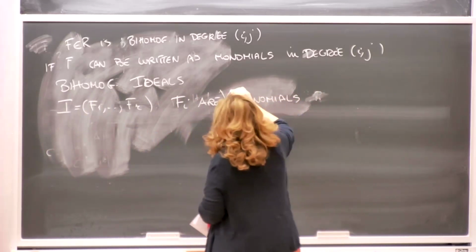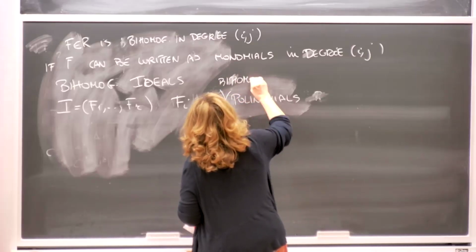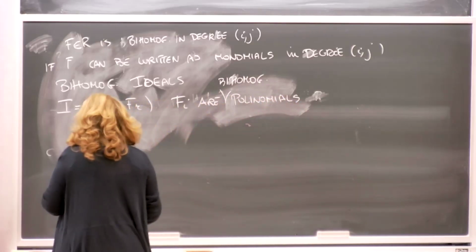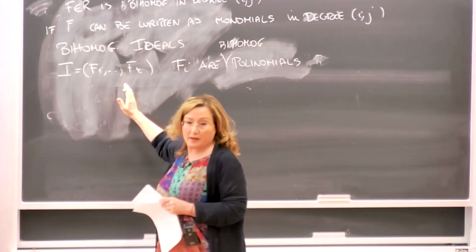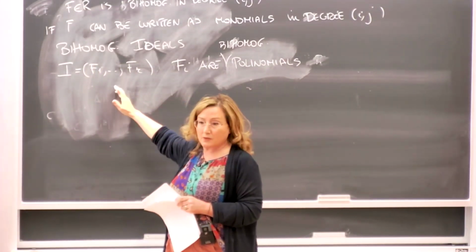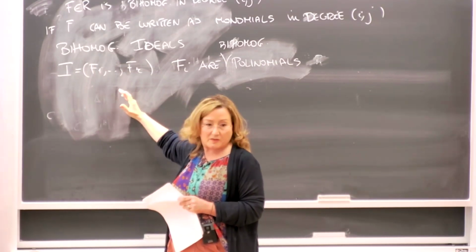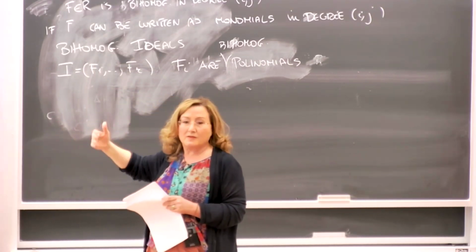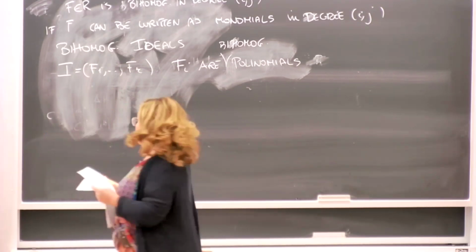In English it's written bihomogeneous polynomial, okay? And so this ideal also inherits the bigraded structure, so it can be written as the sum of vector spaces in bidegree Iij. So our quotient ring will be just a module of Rij over Iij, okay?